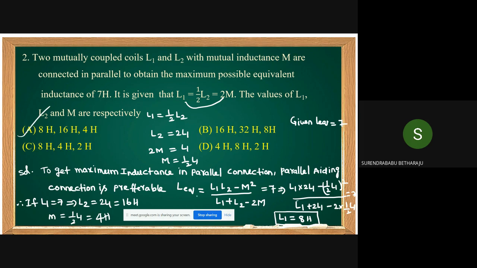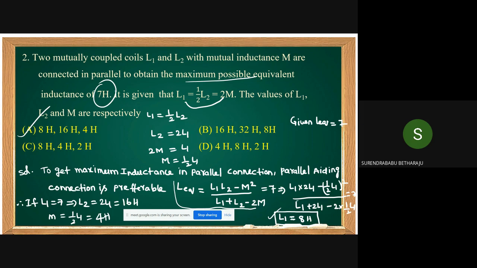It's very simple. This is the L equivalent. Why did we use only the aiding connection? Because of the maximum possible equivalent inductance. Now I am writing this equation in terms of L1. But L equivalent is already given, 7 Henry, that I am equating to 7. I am getting L1 equal to 8.